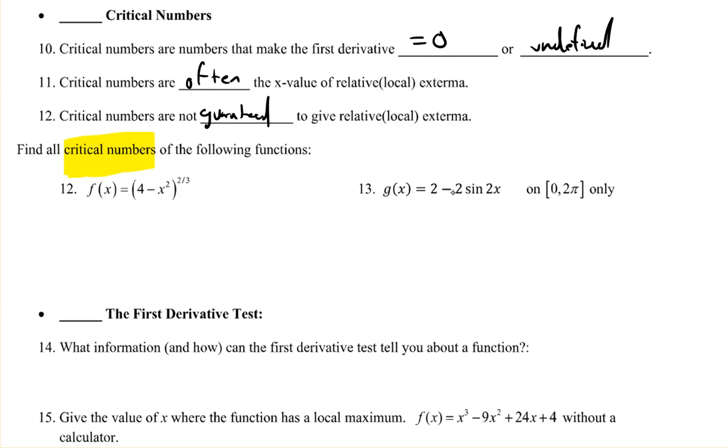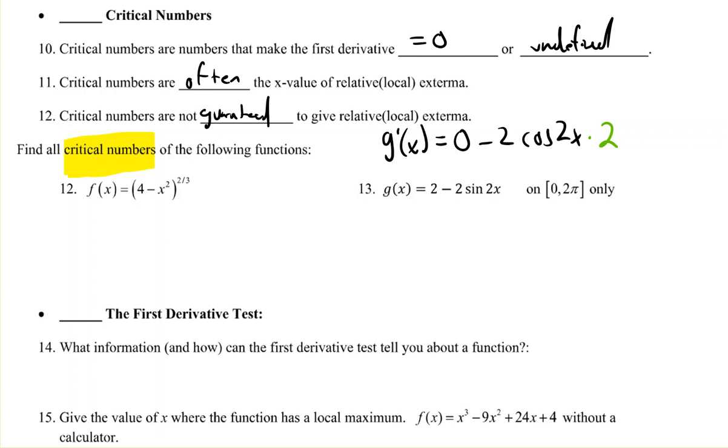So really, to answer this, I just need to figure out when the first derivative is 0 and undefined. That's all it's asking. So the derivative of a constant is 0. The derivative of sine something would be the cosine something. And since the inside part doesn't have a derivative of 1, I would need to multiply by the derivative of the inside, which would be 2.